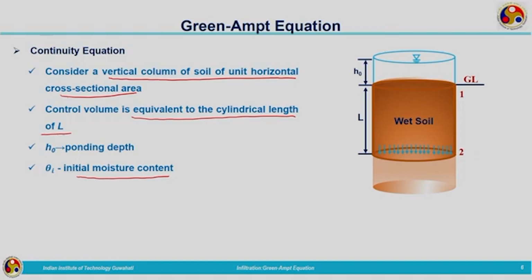This will keep infiltrating deeper into the ground as time proceeds. The wet soil is marked with a different color, and beneath that we have the dry soil. The wet soil and dry soil are separated by the wetting front. So, this is one assumption.